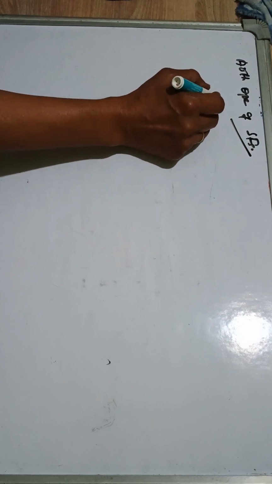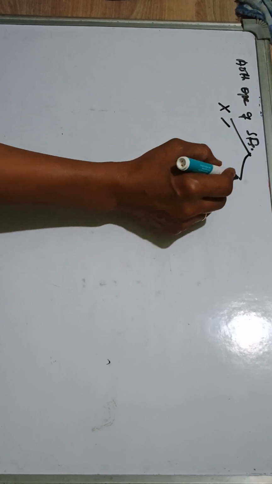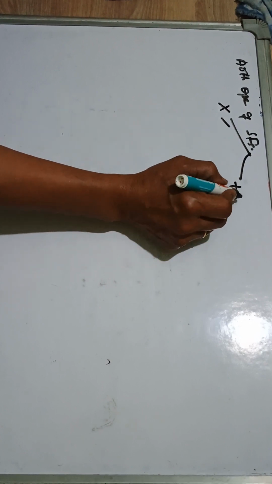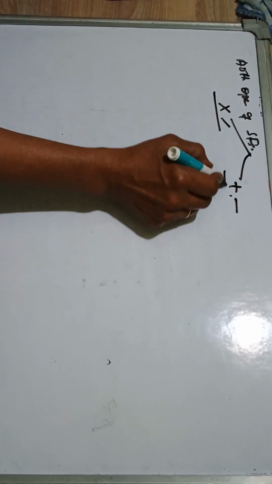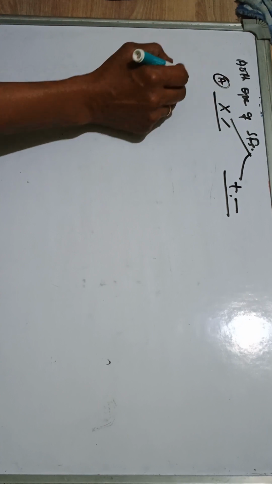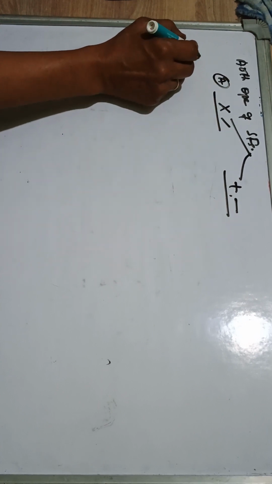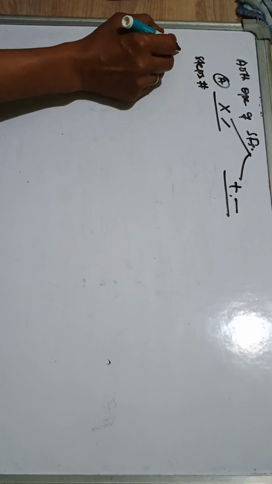Case 1 is multiplication and division. Case 2 is addition and subtraction. For multiplication and division, we have certain steps.